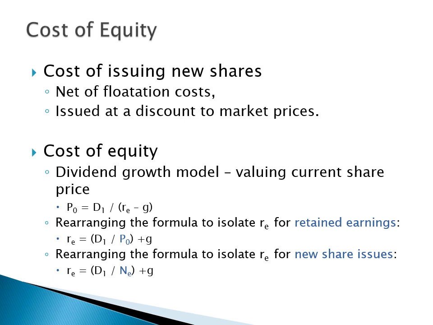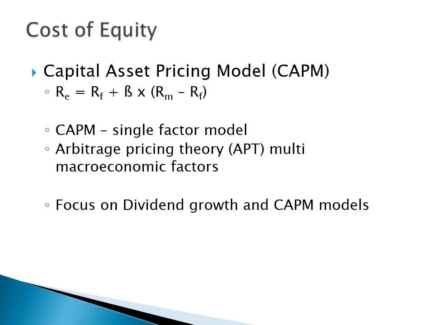So a small difference, but it's important that we see this and that we consider it when we're doing calculations. Are we working with retained earnings, so there are no flotation costs, or are we working with new issues? Then there would be flotation costs to be considered. There are not always flotation costs, but we need to consider that and bring that into our calculation.